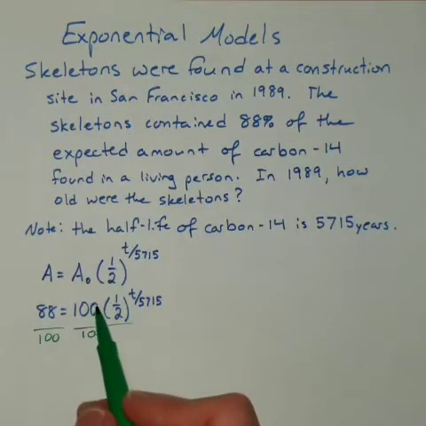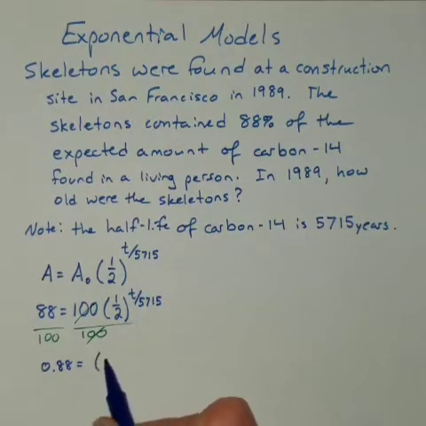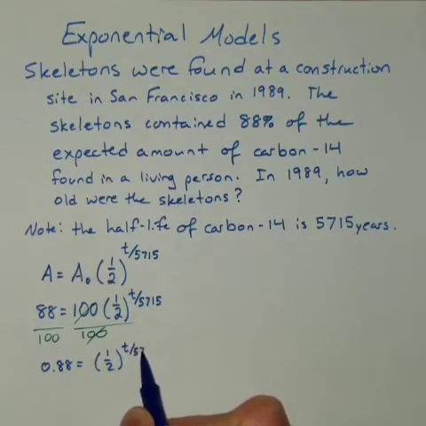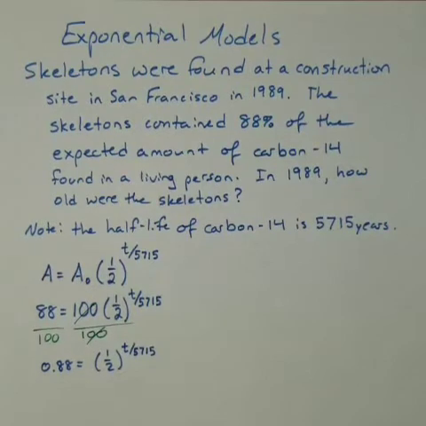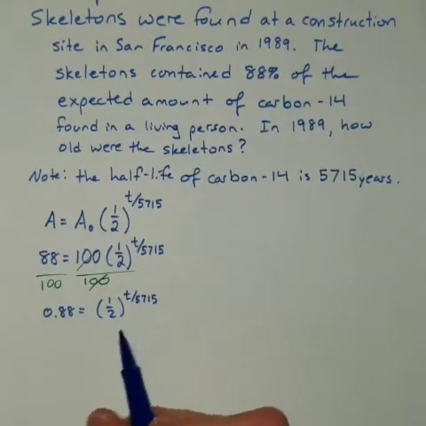And then that's going to cancel out on the right. Then 88 over 100 is 0.88. And then we have 1/2 raised to the t over 5715. Okay, at this point I'm going to take the natural log of both sides.